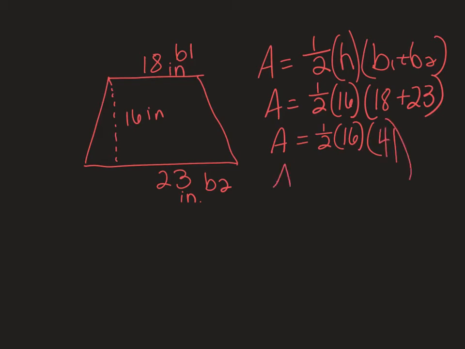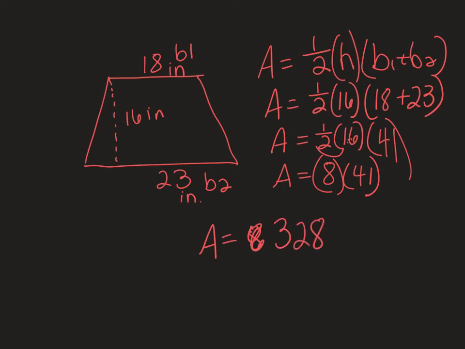Now we're going to do the multiplication here. Really, you're going to be dividing this number by 2. So 16 divided by 2 is 8 times 41. Area equals 328. And this is going to be written in square inches. We'll go into that more later as well.